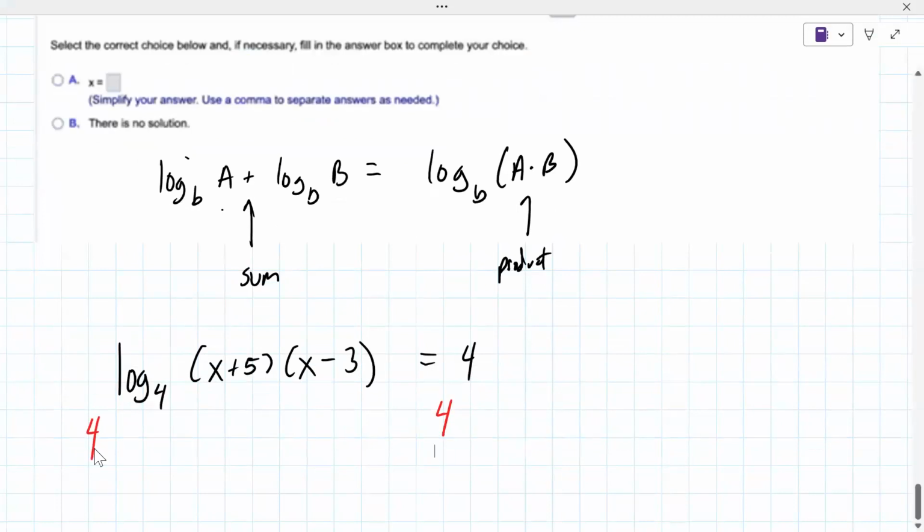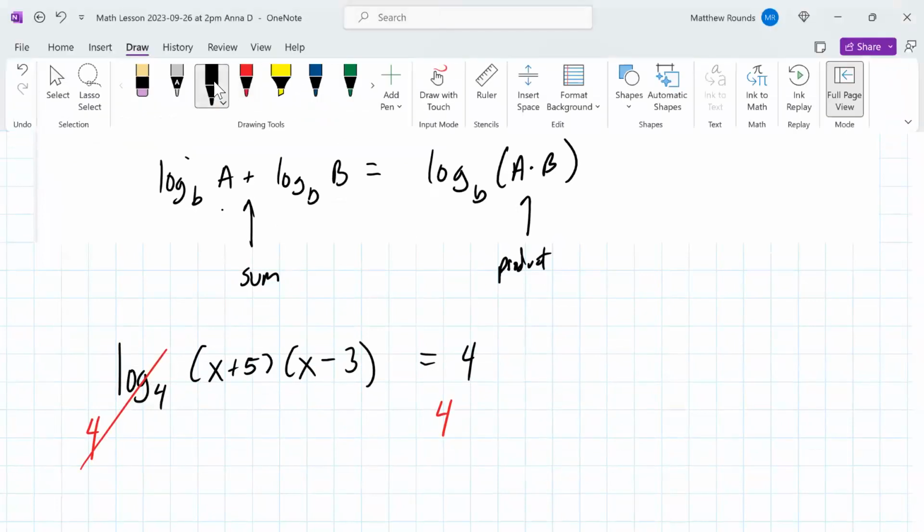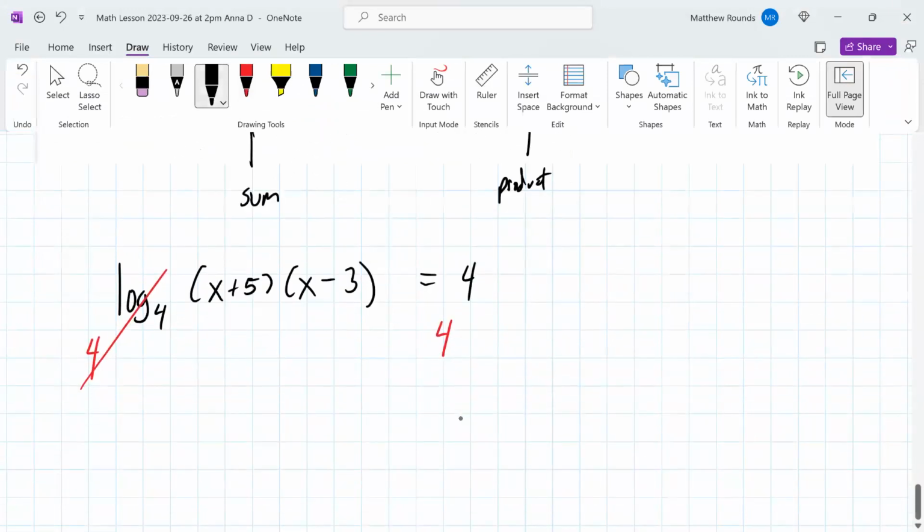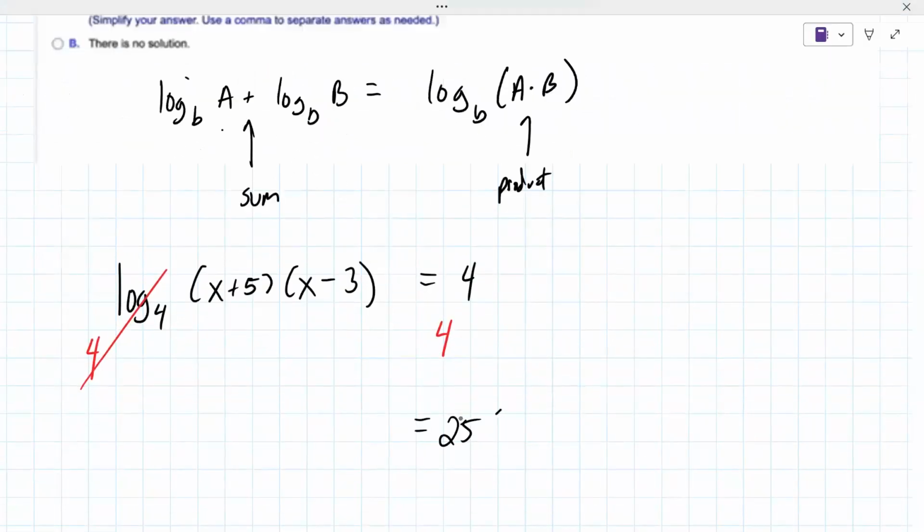When you use 4 as a base, because that's the base of the logarithm on both sides, it does undo that for sure. 4 to the 4 is 256. Let me double check that. And then we FOIL this: x squared minus 3x plus 5x minus 15.